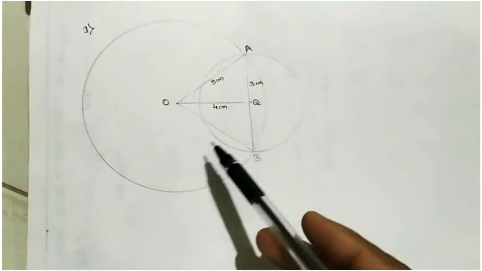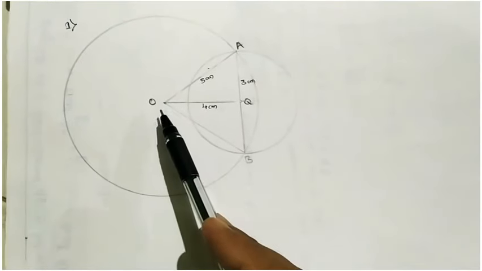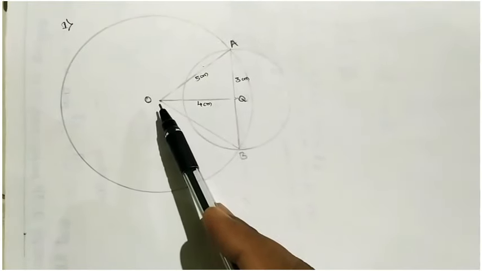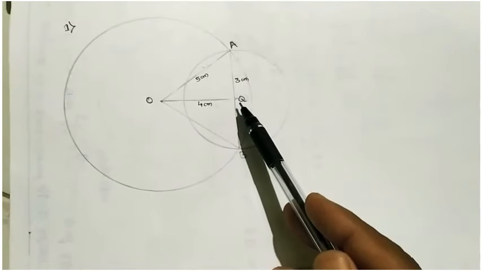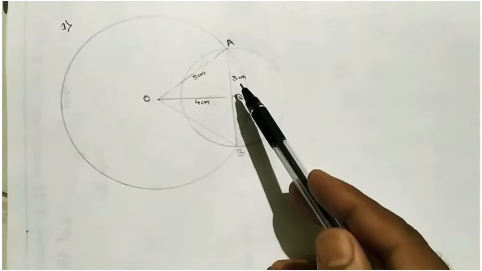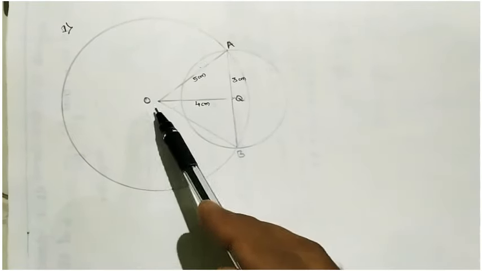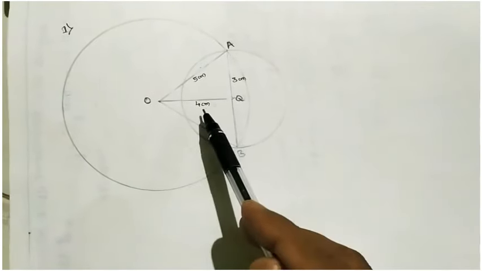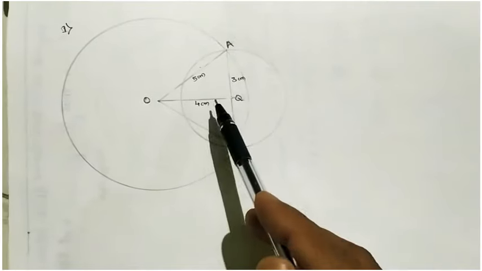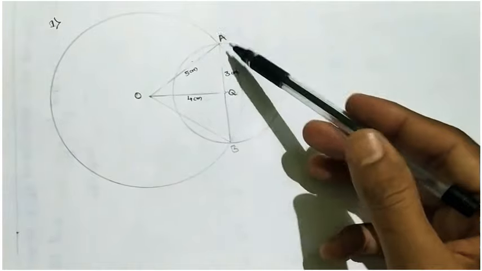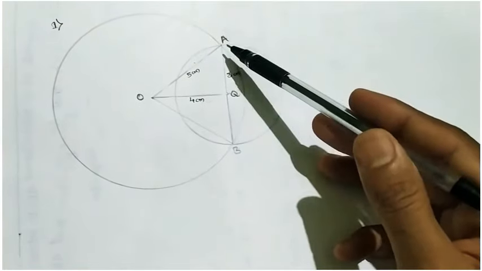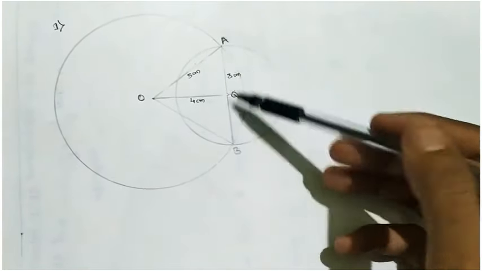One circle has center O with radius 5 cm and another has center Q with radius 3 cm, and the distance between the centers is 4 cm. After drawing the circles, we get two common points which give us the common chord, that is AB.